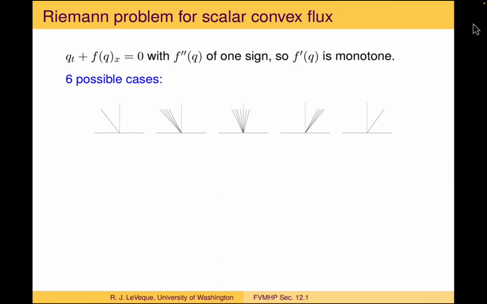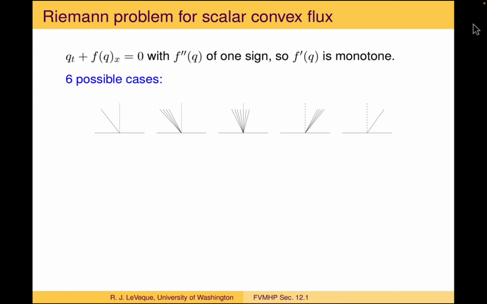So if we look at the Riemann problem with a scalar convex flux, in that case f prime of q is monotonically increasing or decreasing, and if you think about what the Riemann solution can look like, there are really 6 possible cases. 5 of them are drawn here. We'll talk about the 6th one in a moment.